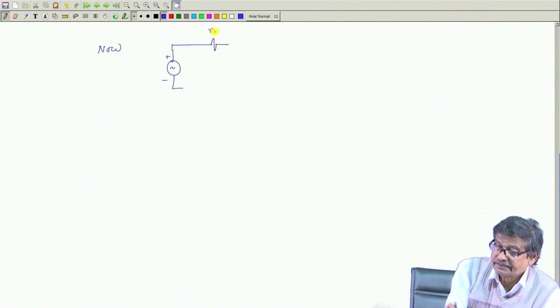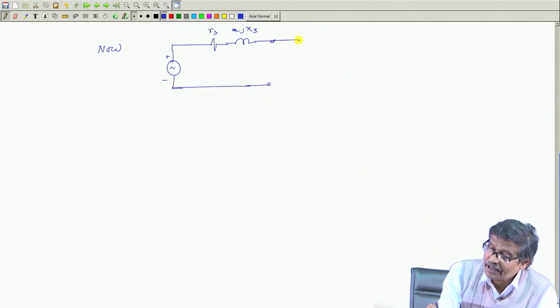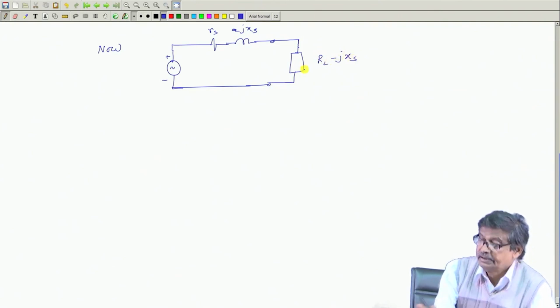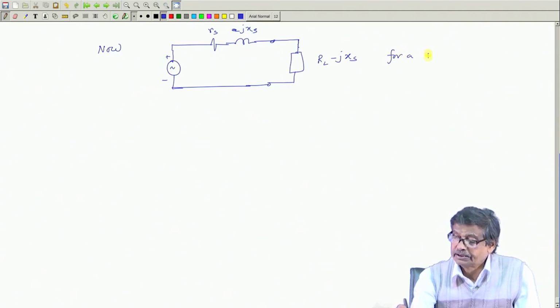this is your RS, JXS. These are the two terminals. I have got one thing, maximum power will take place if the load impedance is set to this value for a particular RL.